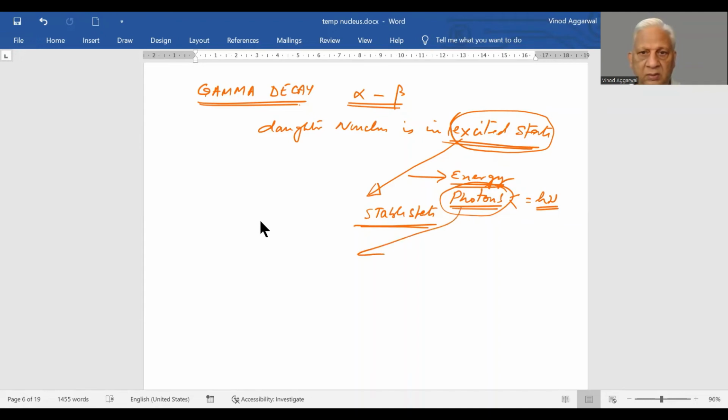And since this is a photon, this is electromagnetic radiation. So gamma rays are also electromagnetic radiations because the energy released is in the form of photons.